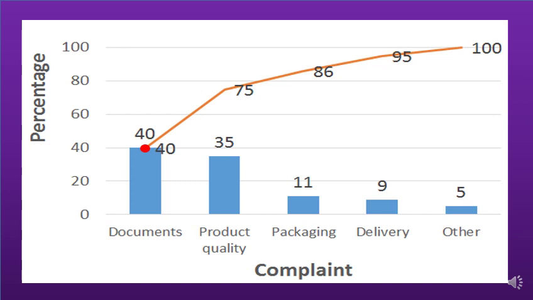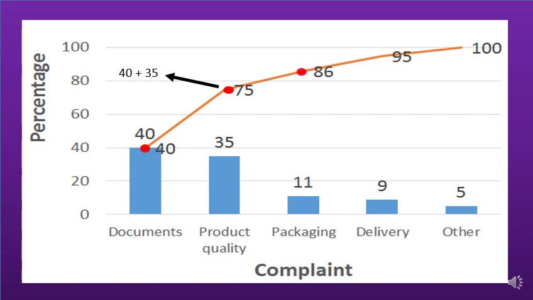Then the next point would be there in line with 75 on your y-axis. Okay, so you would find this by going 40% plus 35%, because the interpretation is in total, 75% of the complaints are due to the most common two categories. So due to documents and product quality.